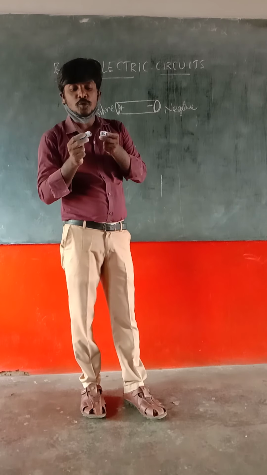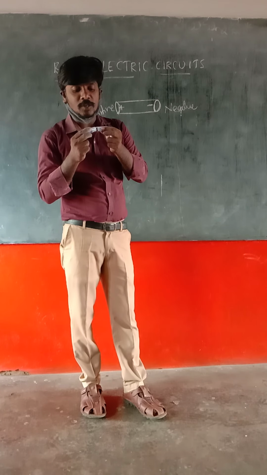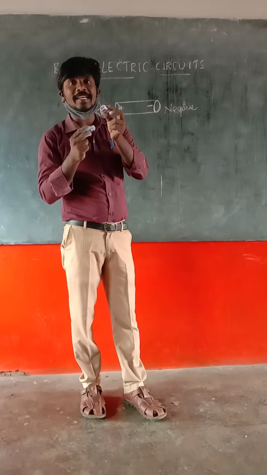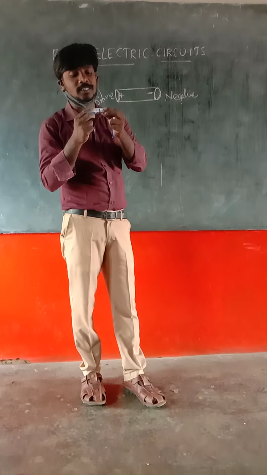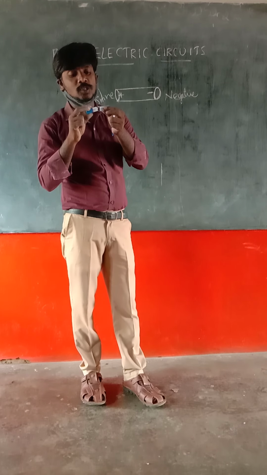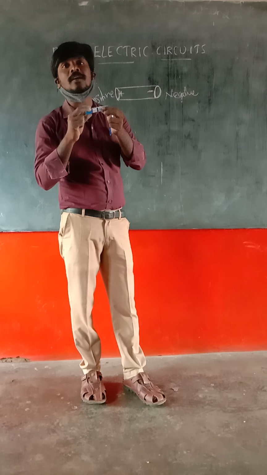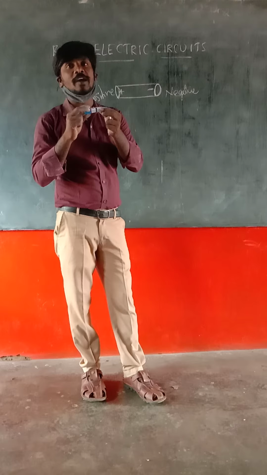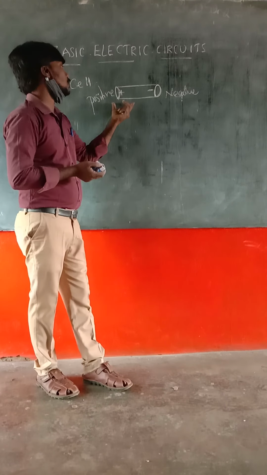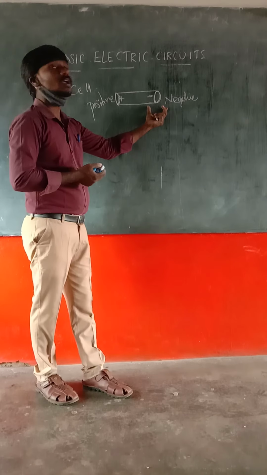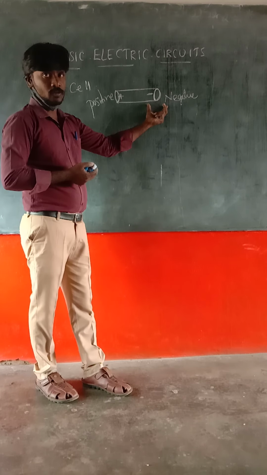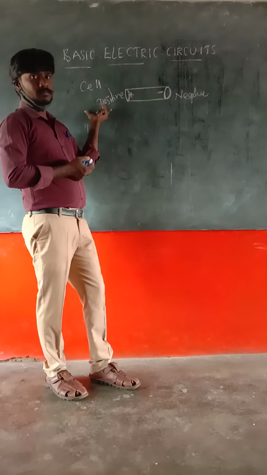And the positive terminal and the negative terminal give the supply or pass on the electrons. Suppose we see two cells. It is positive terminal and it is negative terminal. If only positive and positive, or negative and negative, they cannot pass the electrons or electricity. Why? Because every cell has two types of terminals, one positive and the second negative. Okay, so this is the cell.